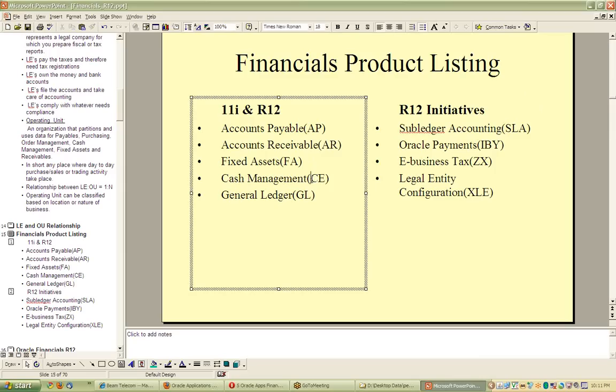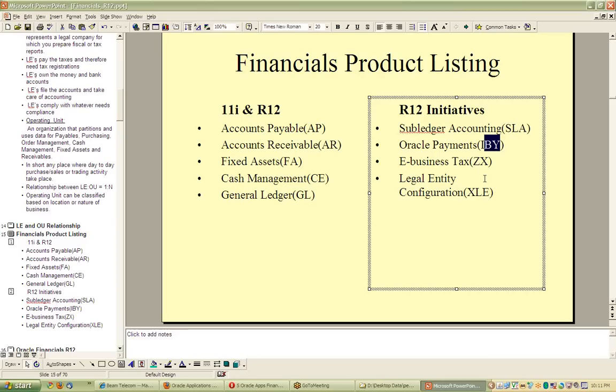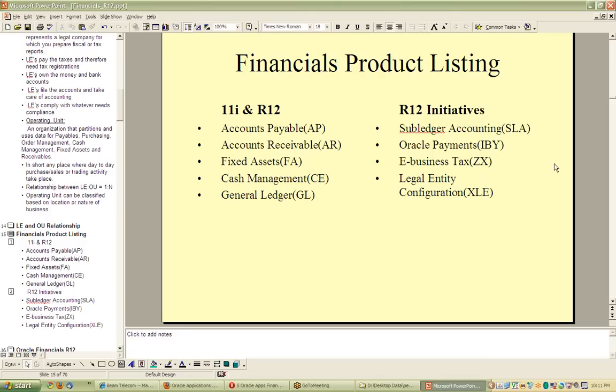The reason why this is not CM, why this is not OP, why this is not EB is because Oracle uses acronyms and not the short definition.